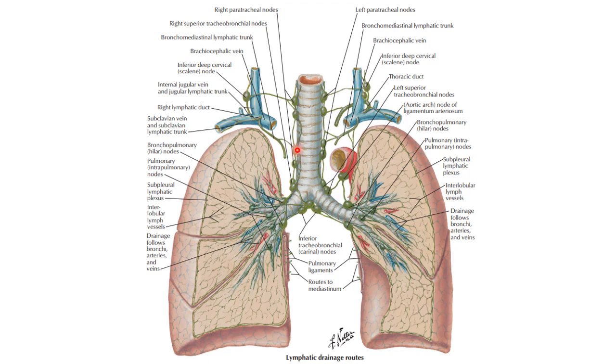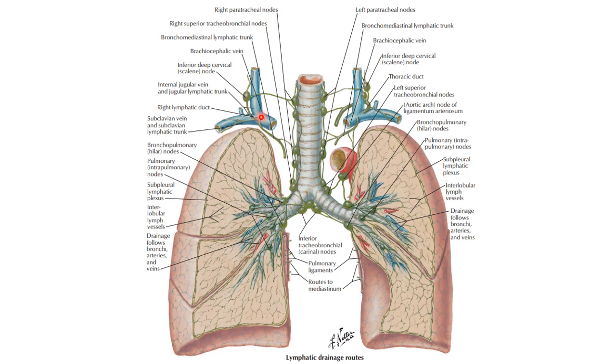So it is around the trachea, paratracheal nodes, and then eventually it will drain into the inferior deep cervical node, meaning it is at the inferior portion of the neck, deep within the neck, inferior deep cervical node. And from there, it will drain into the venous angle through the lymphatic duct, which is this one.